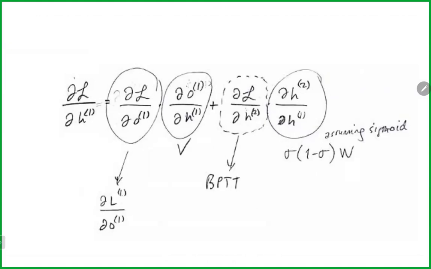No problem, because within the same time step, taking the derivative is just straightforward, easy, nothing different. But the other term has a recurrence relation here. So the derivative of L with respect to H1 involves a term which is the derivative of L with respect to H2. And this is called backpropagation through time.